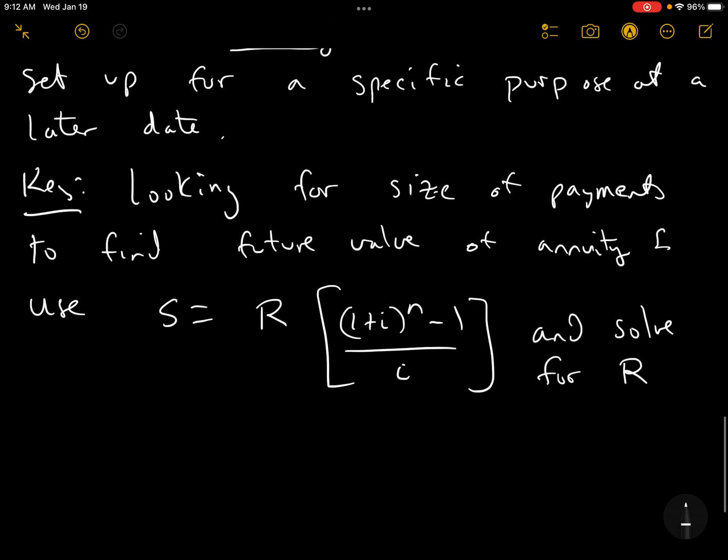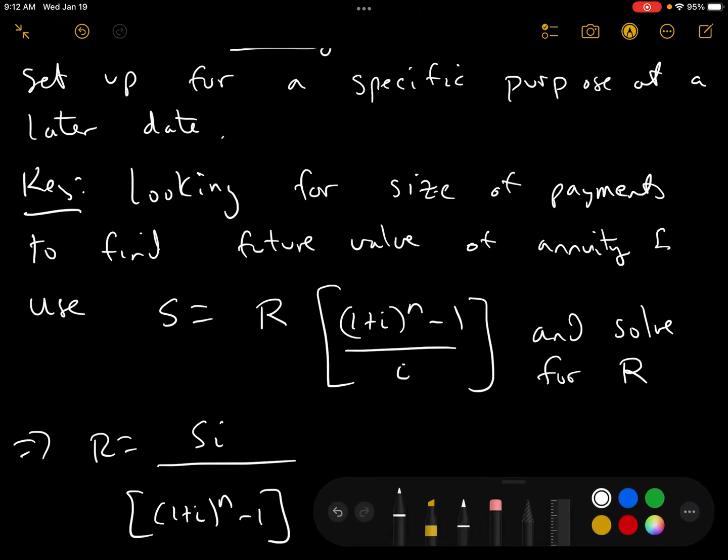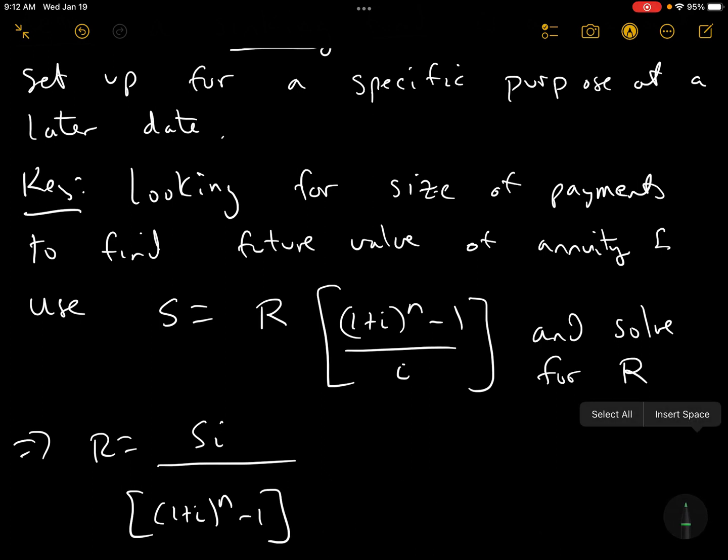Very similar to the last one, only now we're using the future value of the annuity and not the present value. And so when you turn this around, it looks almost exactly the same as the other one, but it's different: 1 plus i to the positive n minus 1. And this will be the green formula.